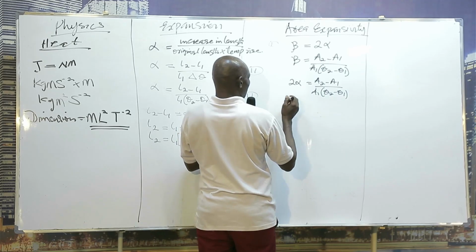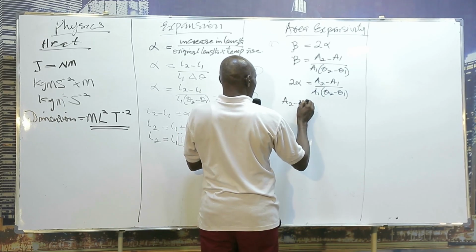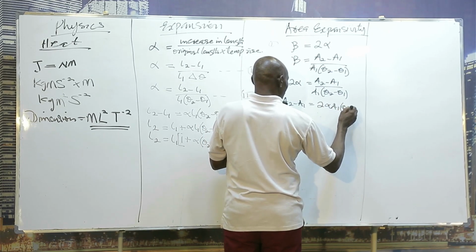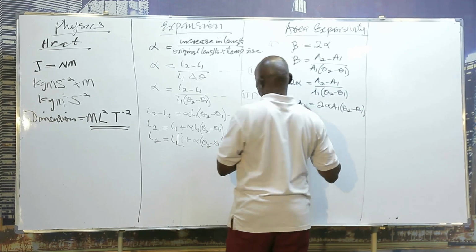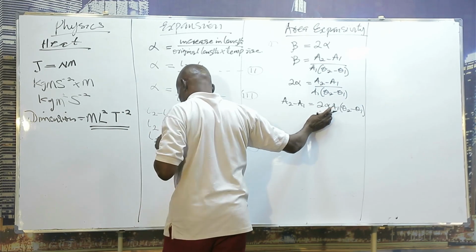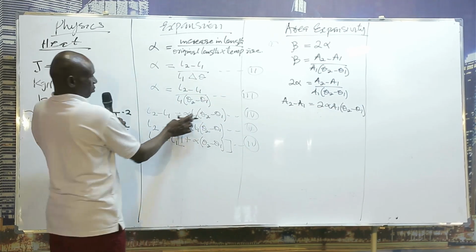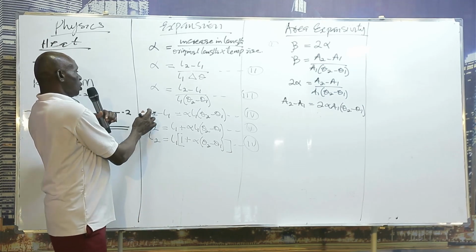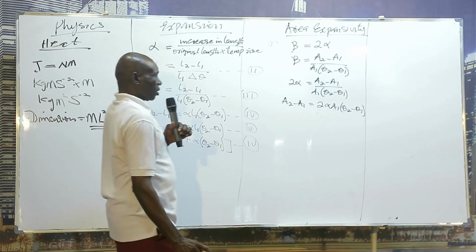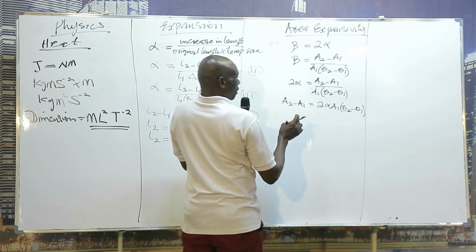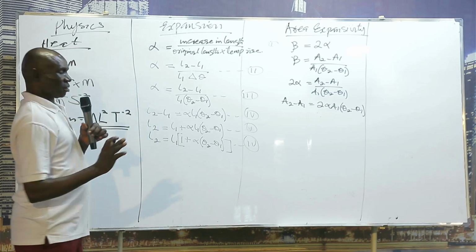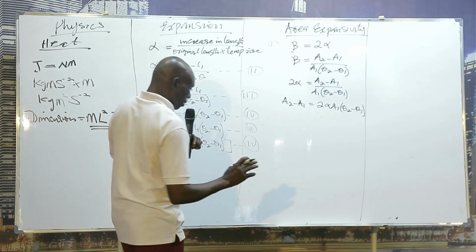And that is exactly what will give us A2 minus A1 is the same as 2 alpha A1 change in temperature. So we have also arrived at equation 4. Look at equation 4 here. All problems can be solved with this, easily. Equation 4, very important.